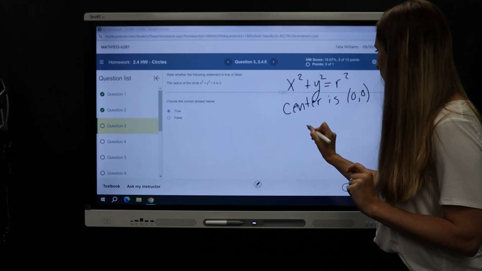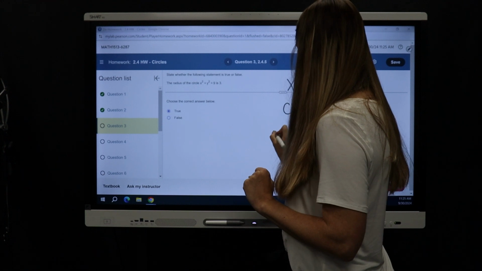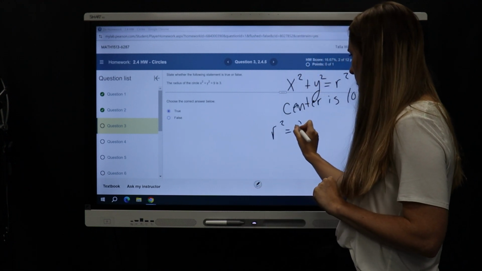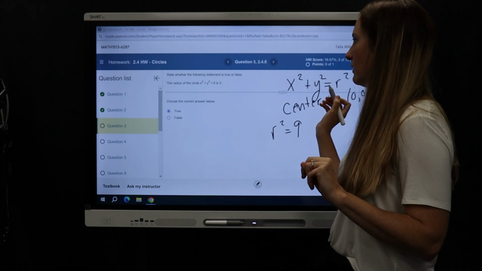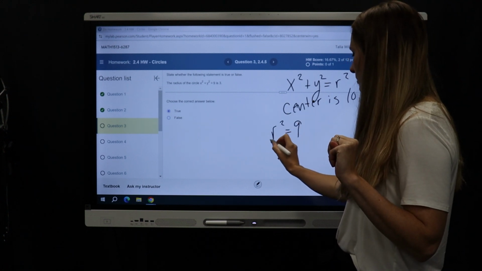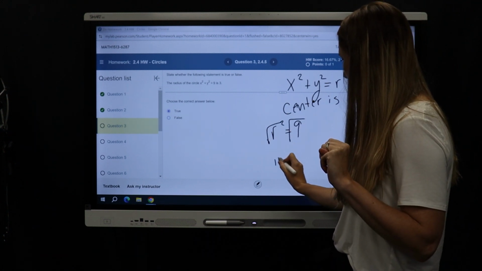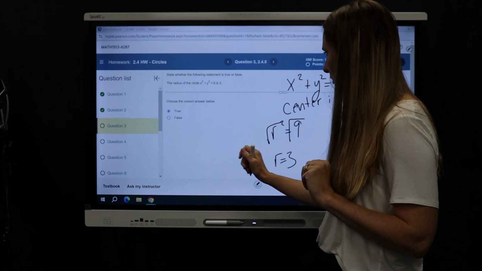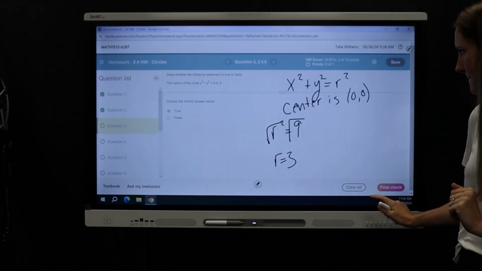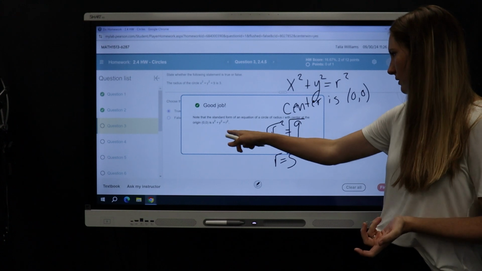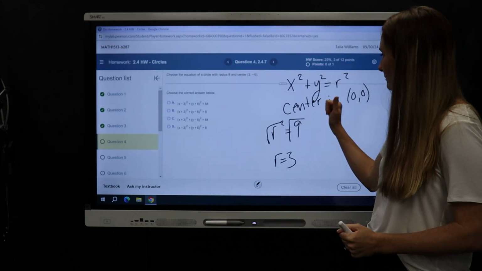And then r squared, so since this was 9, r squared equals 9. And the radius isn't going to be squared, so you take the square root of both sides. So r equals 3. And then they give you that formula after the fact.